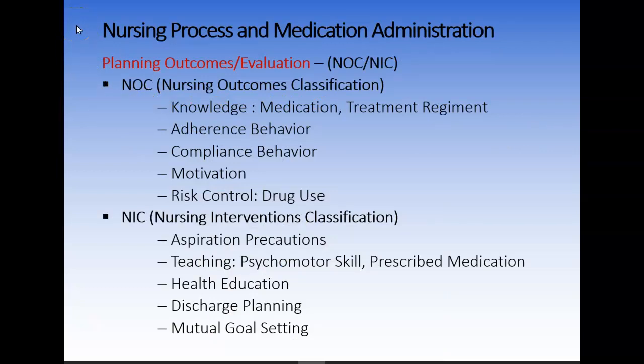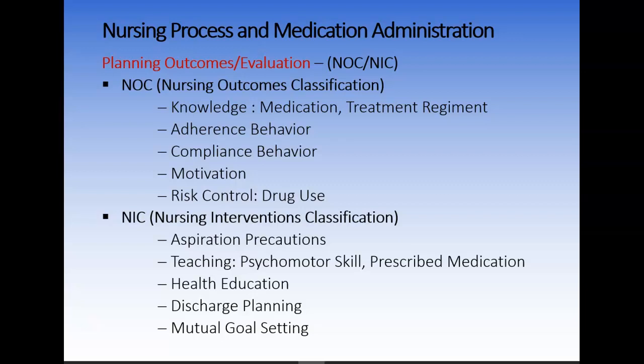So when we're in our planning stages in the nursing process, we're thinking about things like what's their knowledge of the medication and treatment regimen when we're looking at outcomes. What's their adherence? Are they compliant, or are they likely to be compliant? Do they have motivation around it? Is there a possibility for abuse?